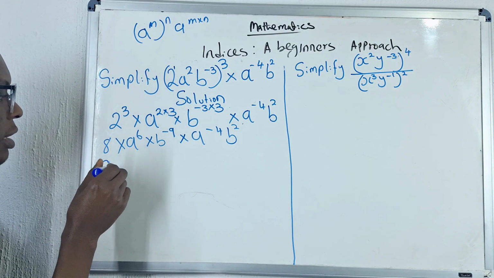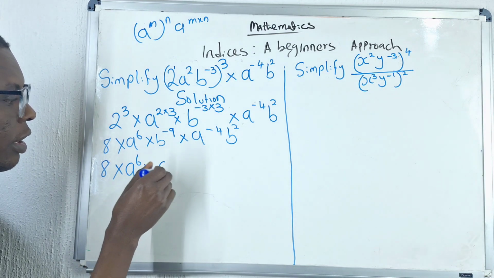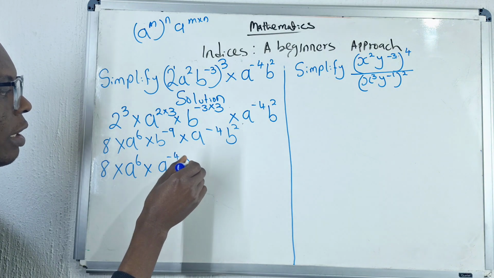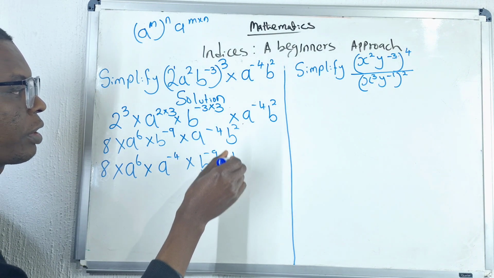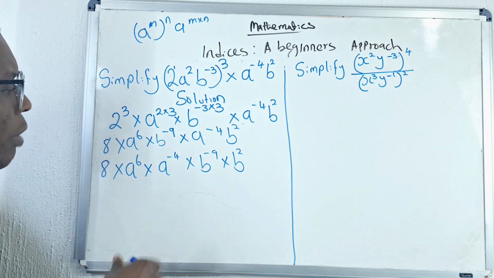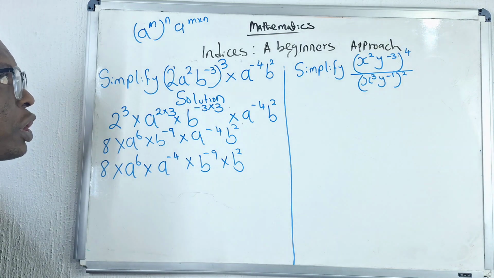So we have 8 times a raised to power 6 times a raised to power minus 4, and we have times b raised to power minus 9 times b raised to power 2. So which law can we use here very fast? We can use the multiplication law.